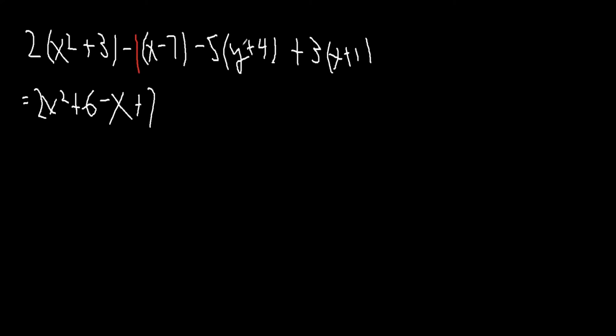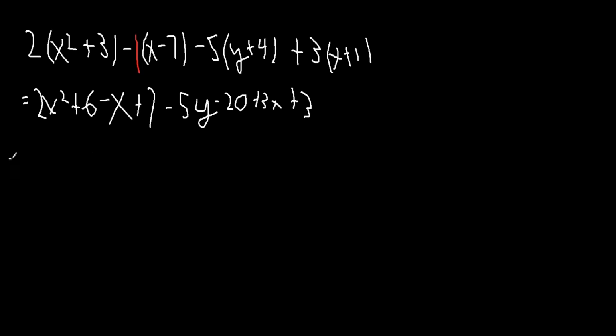And negative 5 times y is negative 5y. Then you have negative 5 times 4, which is negative 20. Positive 3 times (x plus 1) is positive 3x, because that's 3 times x, and then 3 times 1 is 3.